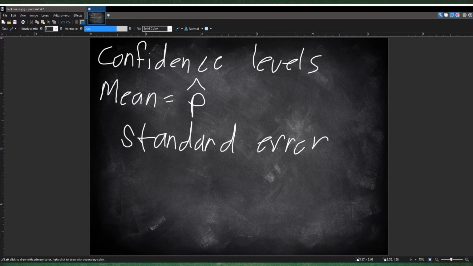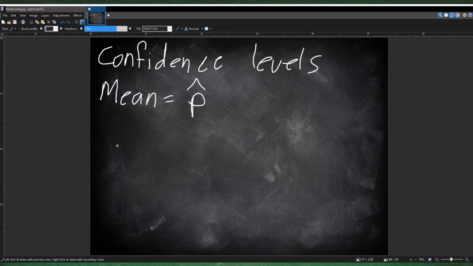You use standard deviation when you're claiming p0 to be true, so you think that's true. But for standard error, you're using your sample.